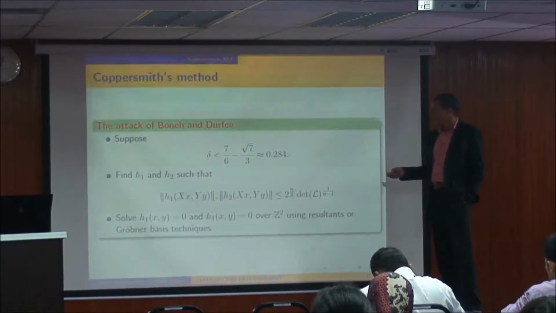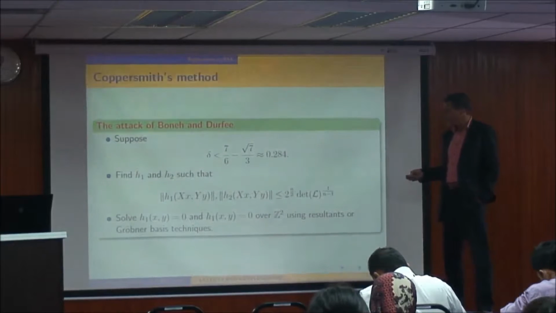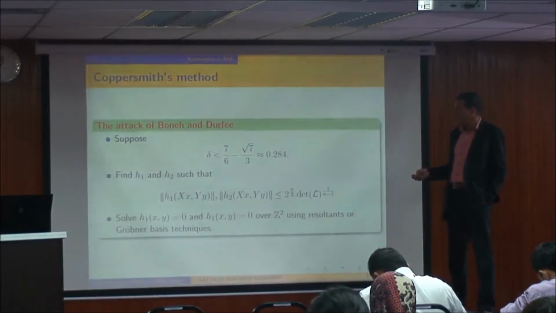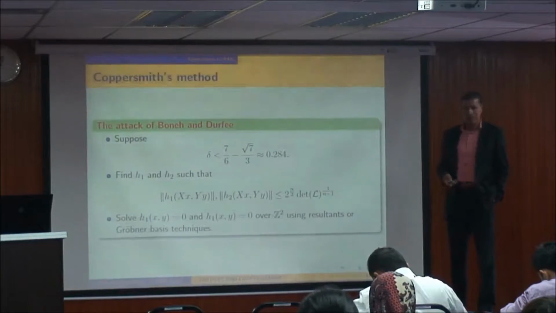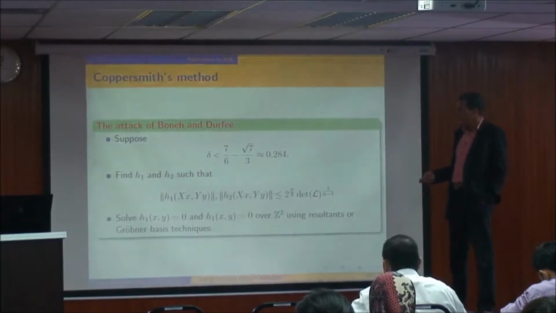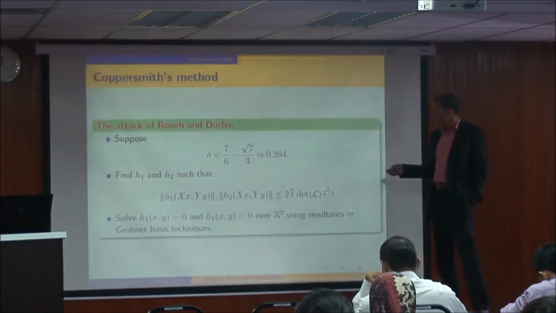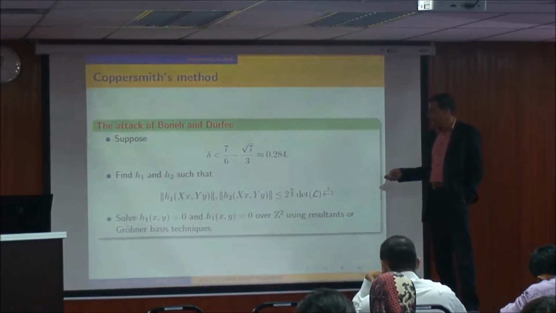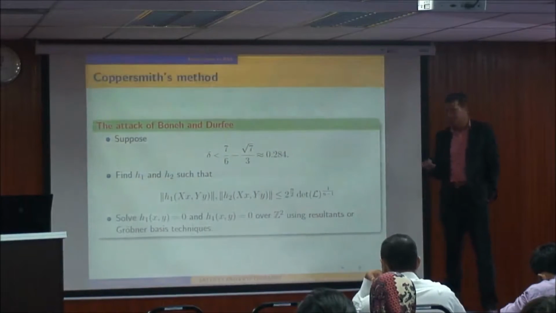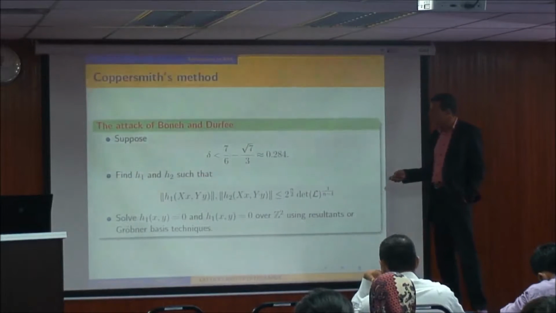Finally, when you use the Coppersmith method, you can find that RSA is insecure if the private parameter d is smaller than n to the delta, and delta is in this situation.